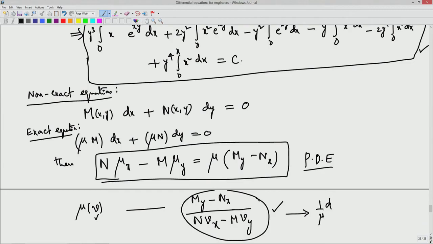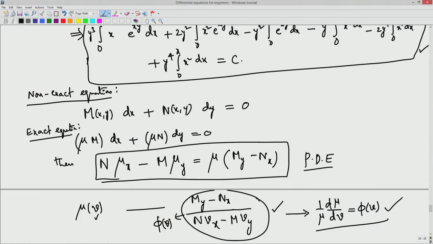What you have is (1 by mu) d mu by dv equal to whatever you get here as a function of v. If I call this some function phi of v, this is a variable separable method, you can solve this equation and you can find mu. So, what is required is, if you are looking for mu as a function of v, v can be in a specific form.